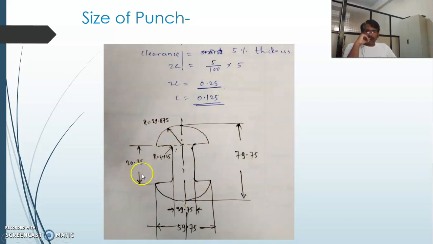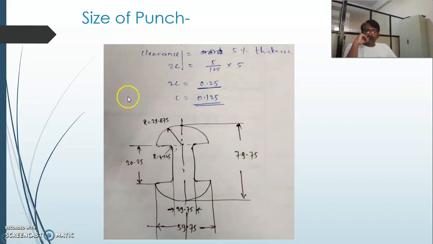Here at this side, the 20 mm dimension will be increased by 0.25, that is 2C. So we have the new dimension as 20 plus 0.25, that is 20.25 mm. At the inner side you have 2C minus for this inner side dimension, and earlier it is 40 mm, so 40 minus 2C, that is 0.25, becomes 39.75.